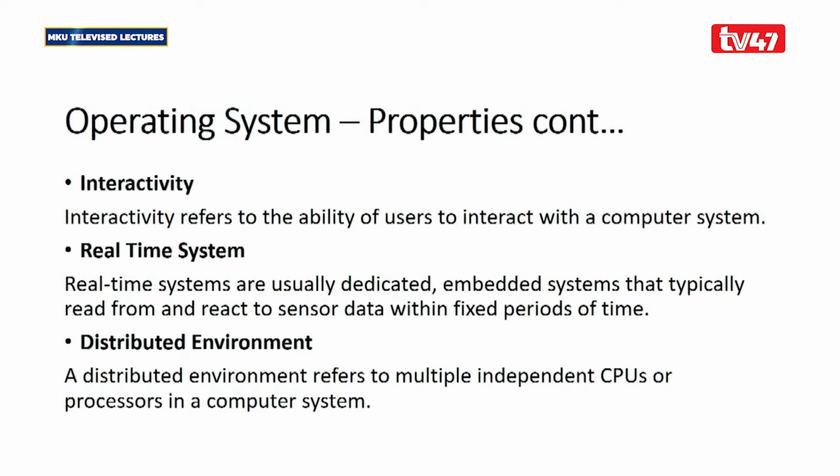We've talked of real-time systems. Real-time systems here are dedicated, embedded systems that typically read from and react to sensor data within a fixed period of time. We've talked about real-time operating systems where time is critical, where you give it an input and expect an output immediately within a fixed period of time.